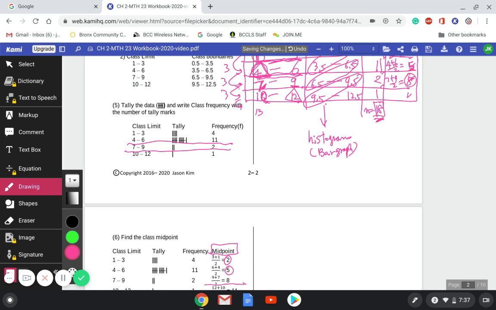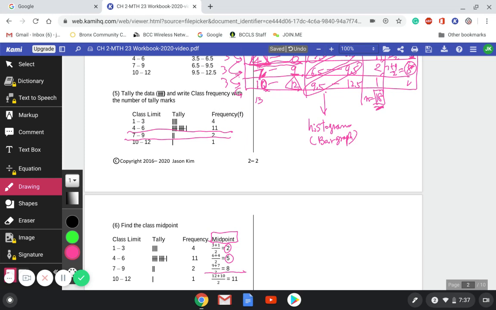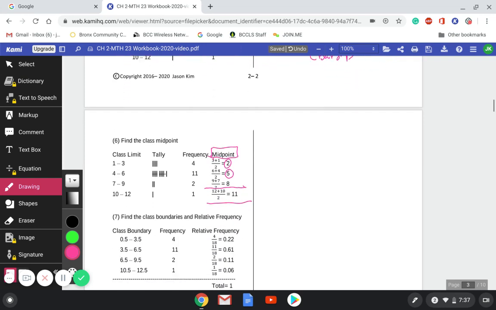Last one is 10 plus 12 divided by 2, so 22 divided by 2 is 11. So that's how you find the midpoint.